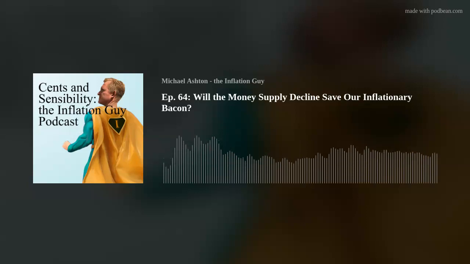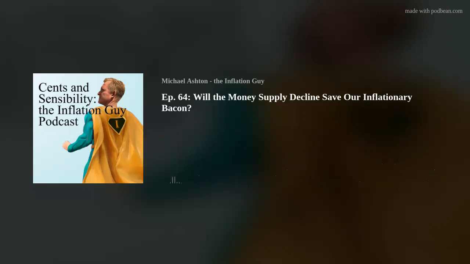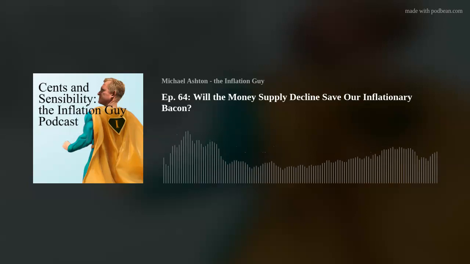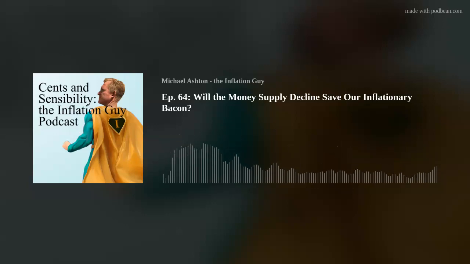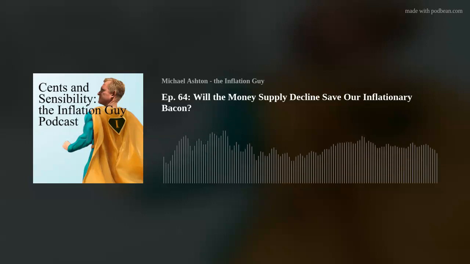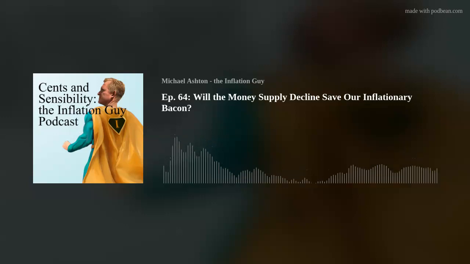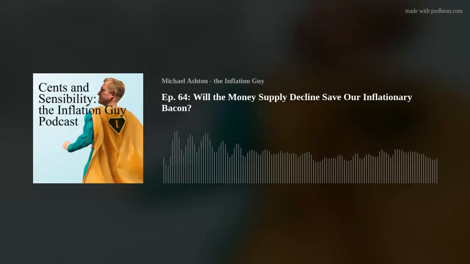Now, before we get carried away, that's a 6% annualized rate of decrease, and let's remember that the peak was some 40% higher than the level of money supply in February of 2020. So it went up 40, it's down 4. But it's not nothing. In fact, it's the biggest decline from the peak in decades and maybe ever.